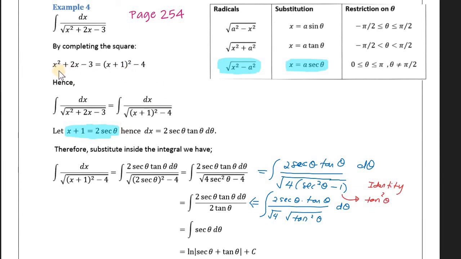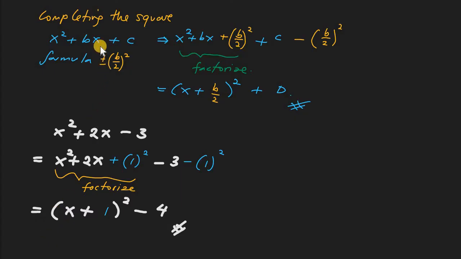So how do we get from this part to this part? Let's recall completing the square. There is a simple formula for completing the square, provided that the coefficient of x squared is 1. If we have a quadratic in the form of 1x squared plus bx plus c, the formula is to add and deduct back b over 2 square.